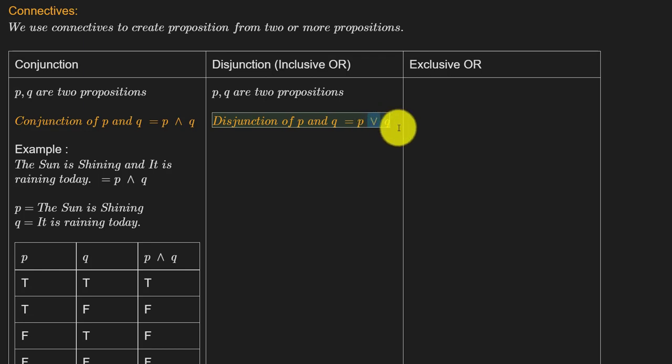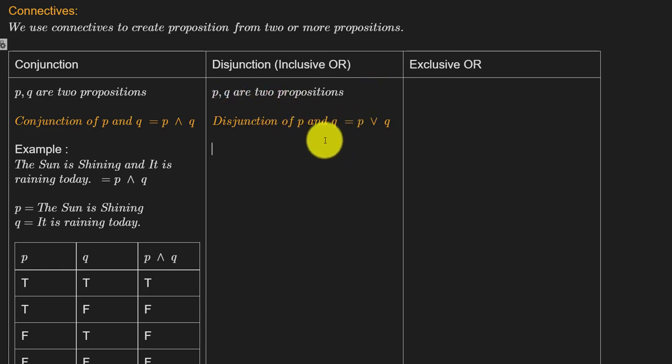So that means now, in terms of truth table, let us discuss that one first, because that will make more sense. Now if between P and Q, at least one of them is true, then this particular statement we call true.